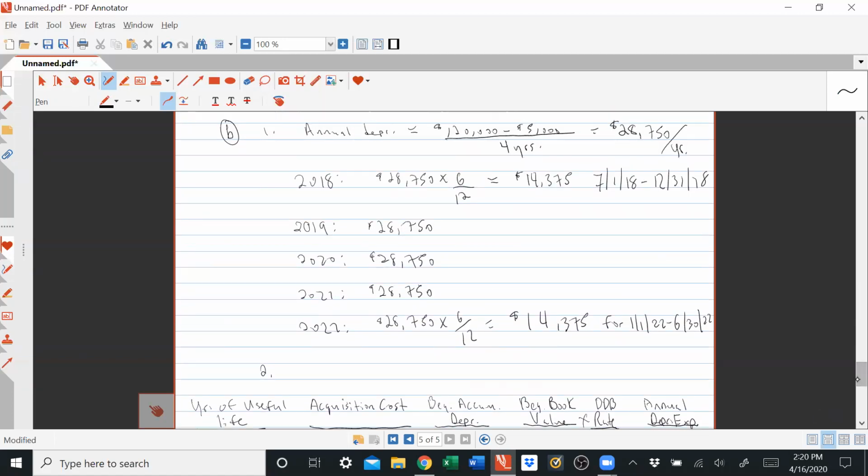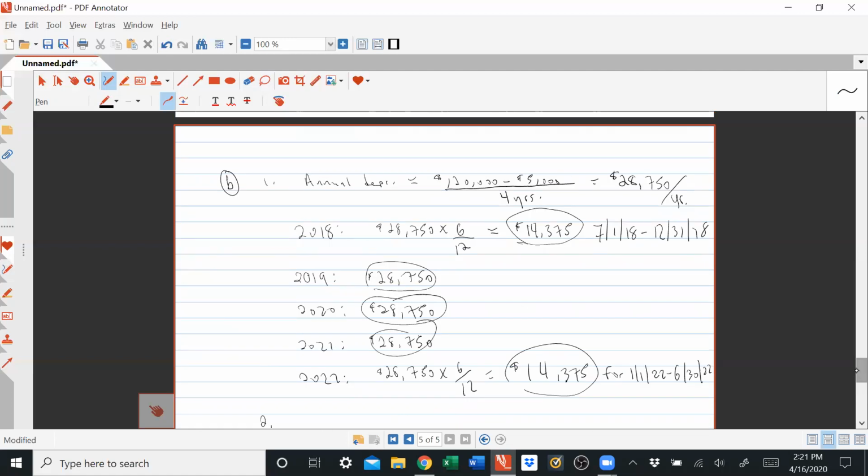And under the straight-line method, these are the numbers for 2018, 2019, 2020, 2021, and 2022. All we did is change the date. We got the asset not at the beginning of the year, but sometime in the middle of the year. It didn't have to be right in the middle like it was in this one. In this case, it was July 1st. It could be March 15th. It could be any date, and that's going to change the calculation slightly because you have to account for partial years.